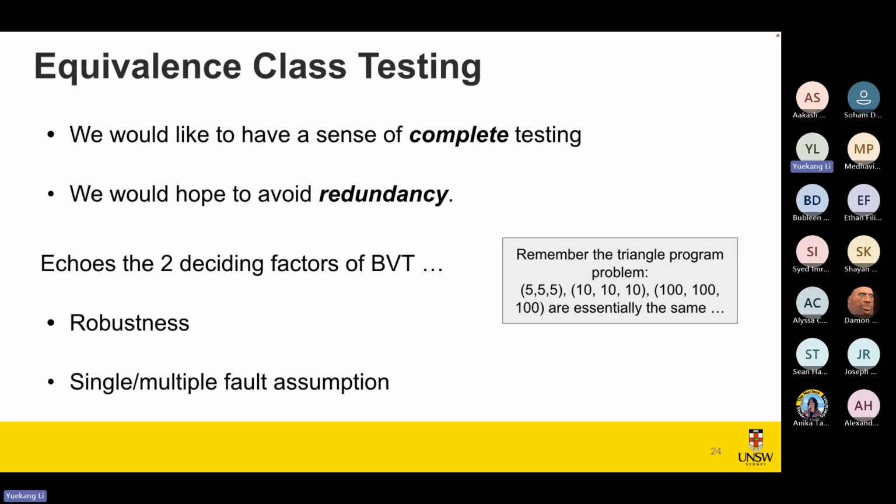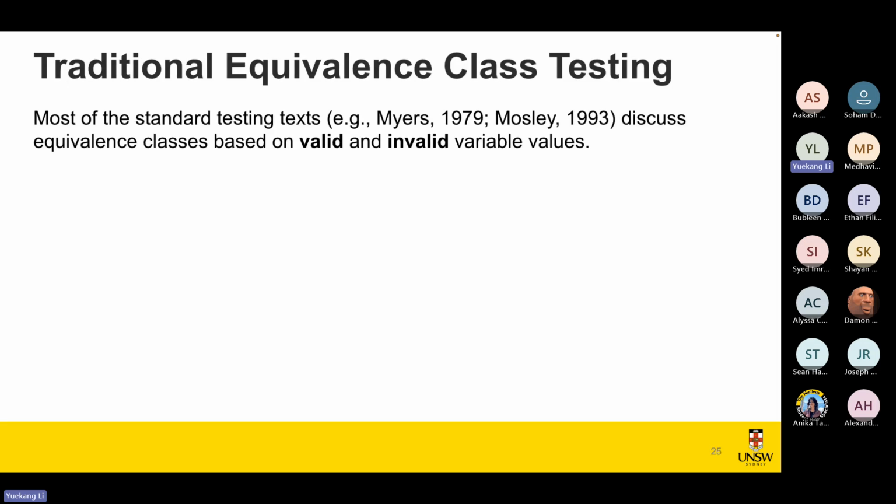And how do we identify the different classes, equivalence classes, is the problem here. In early days, most of the standard textbooks discuss the equivalence classes based on the validity of the inputs. So it's quite natural, right?